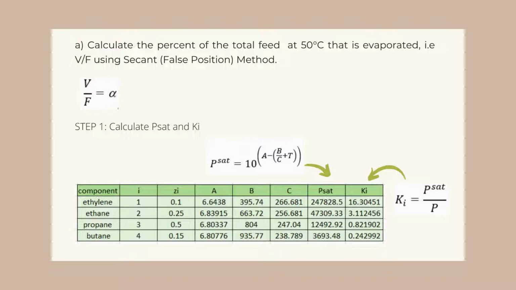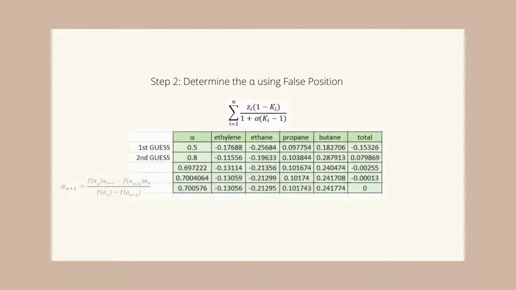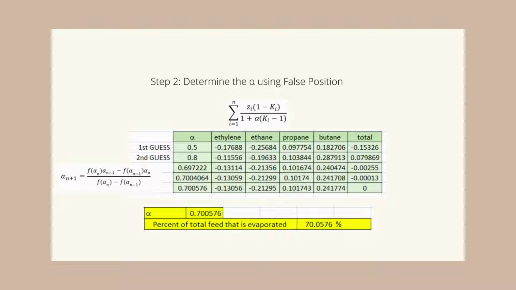The first step is to calculate the P saturation and Ki for each component. From the data given in Table 1, P sat is calculated by using the Antoine equation as shown in the slide, while Ki is calculated by using the formula P sat over P. Next, alpha is determined by using the false position method. The iteration is started by using two initial guesses, which are 0.5 and 0.8. The total feed evaporated can be calculated by using the equation shown in the slide.